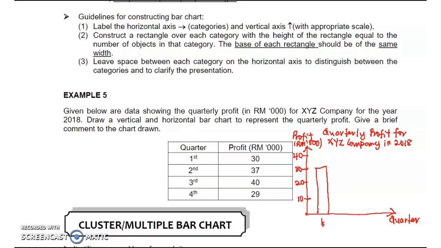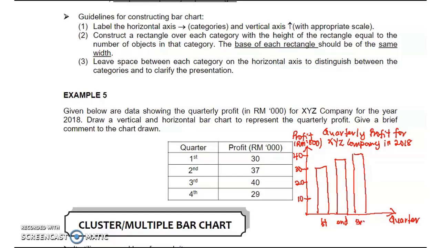So this is the first quarter, put a label. Second bar, 37. Let's say I just estimate around here. So the second quarter. Third quarter, 40. If you use graph paper, you will get a nice graph.